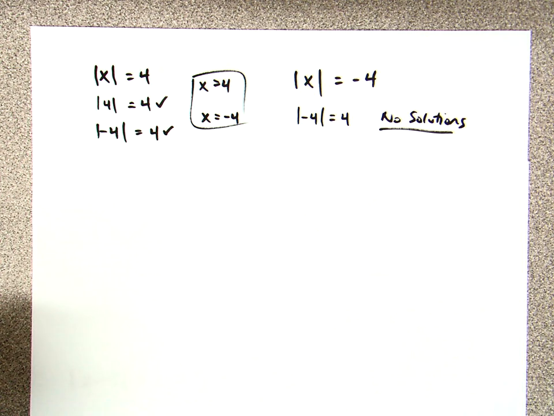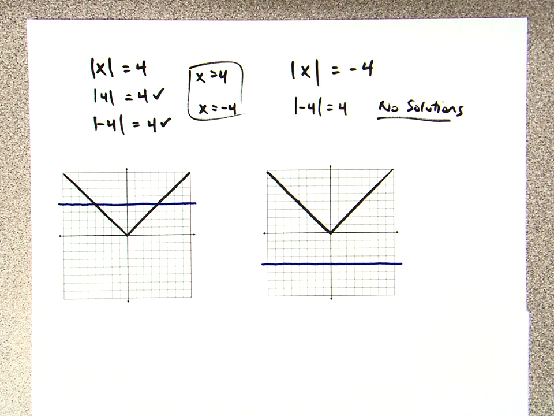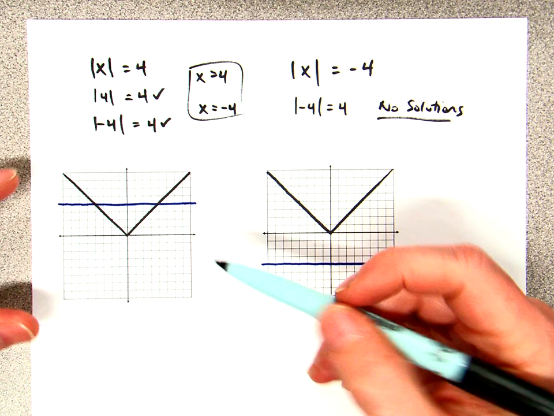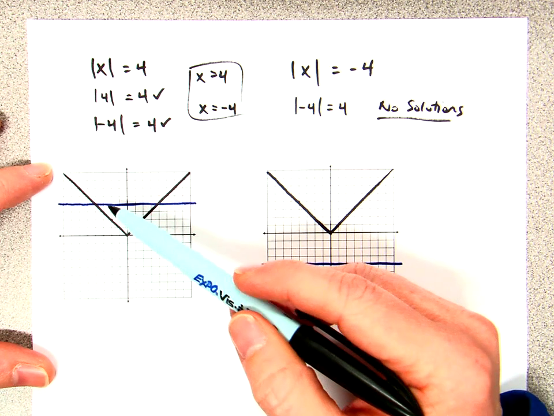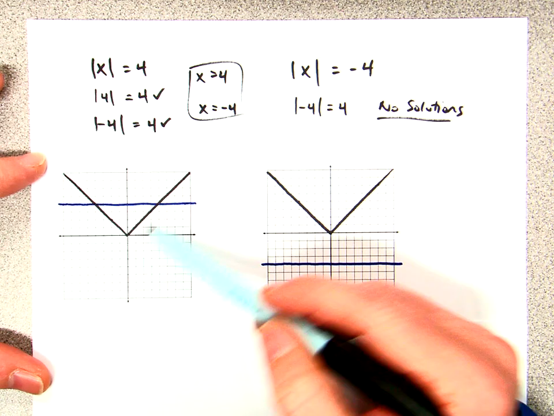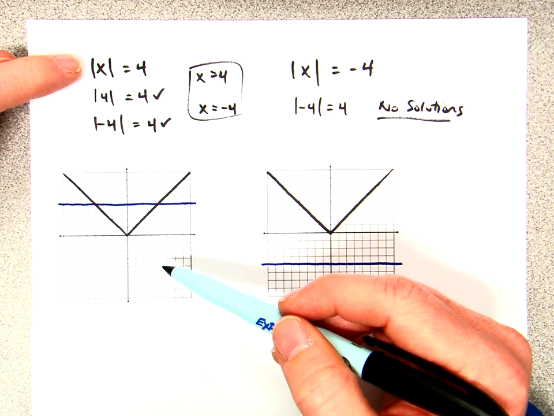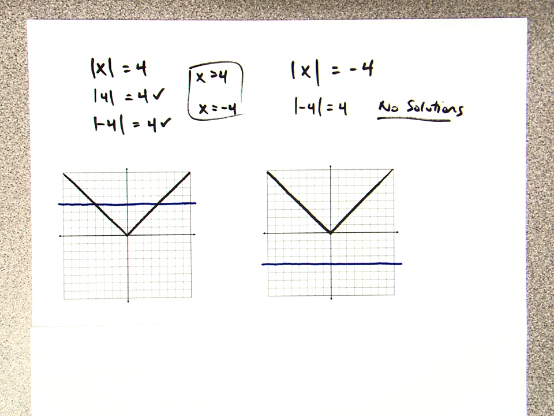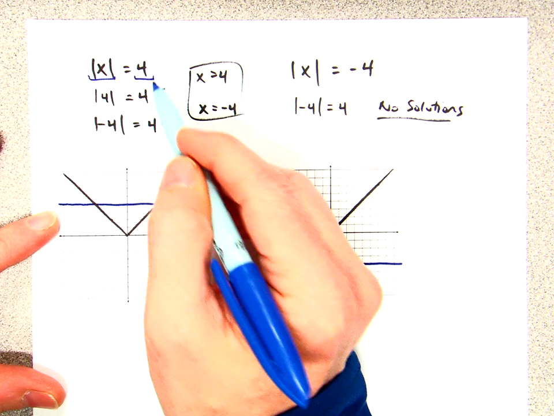So let's look at this visually, and then let's try to come up with a method for solving these as we move along. As a graph, an absolute value function is going to be a V. If we consider this like two different functions, I want to see where the absolute value is actually equal to 4.